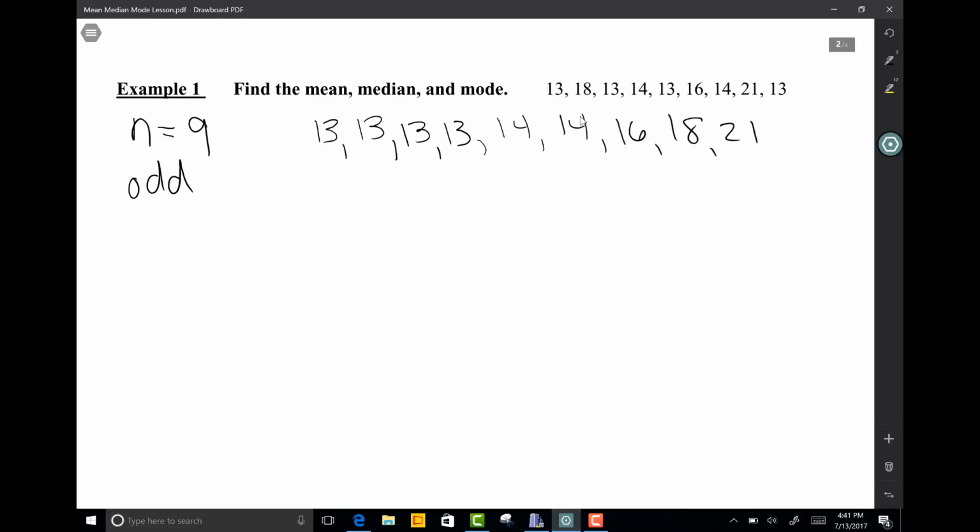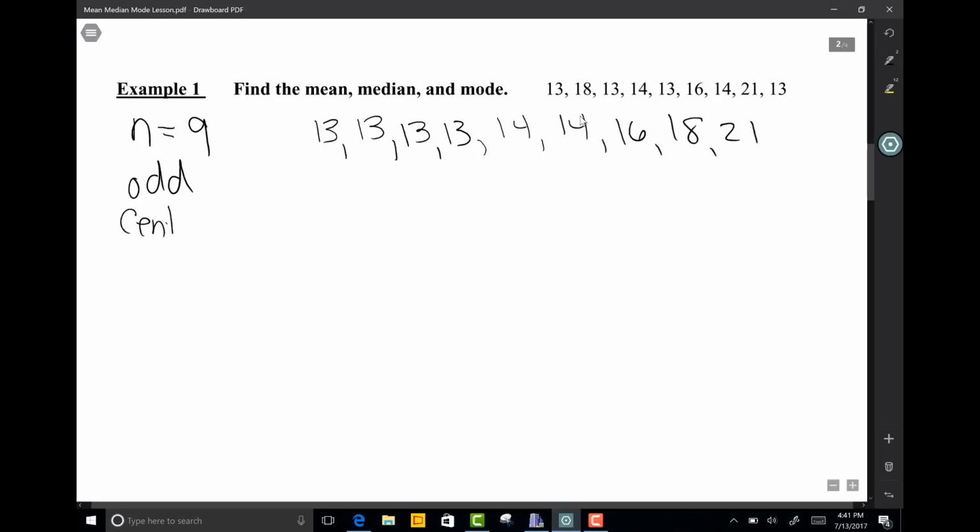Now, because n is odd, to find the center value, you take n plus 1 divided by 2. Because n is 9, I have 9 plus 1 is 10, divided by 2 is 5.